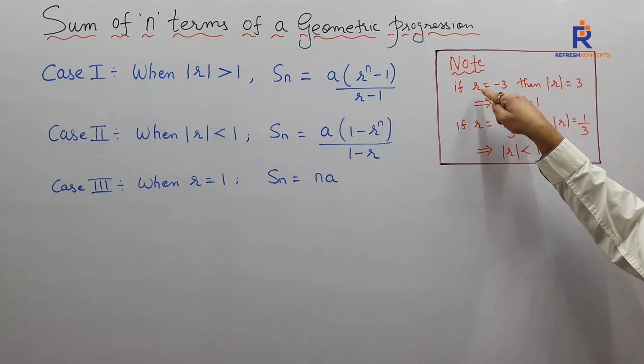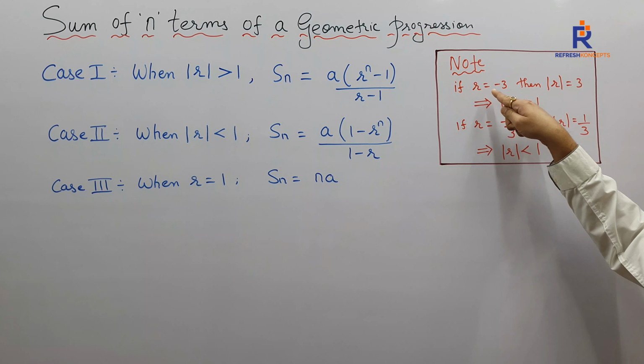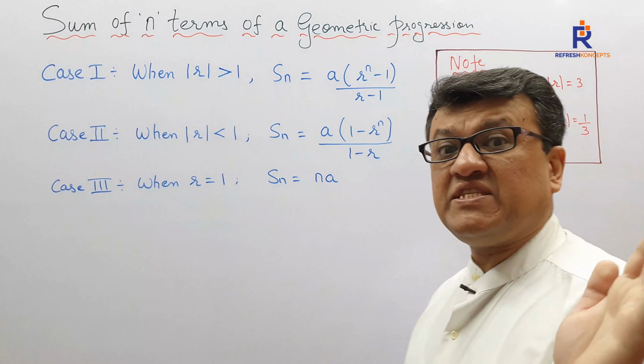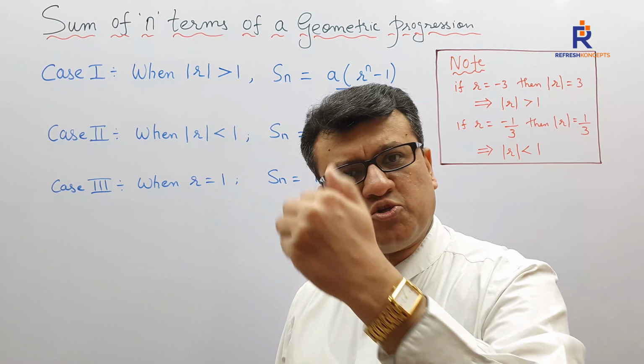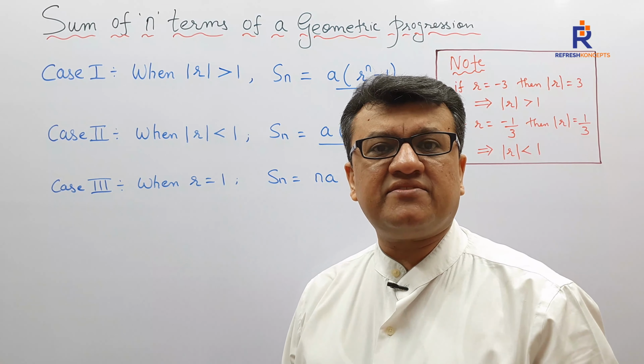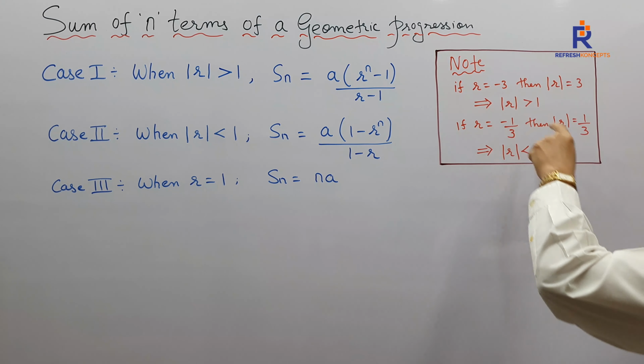What if R, the common ratio, is negative? At times, when we have a GP sequence, the ratio turns out to be negative, right? Say minus 18 by 6, the answer is minus 3, that's what I have taken. So what if R is minus 3?